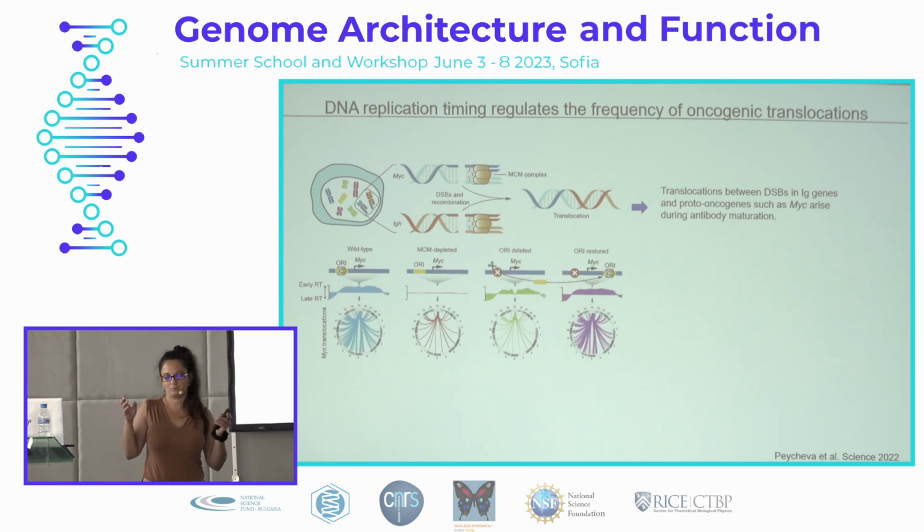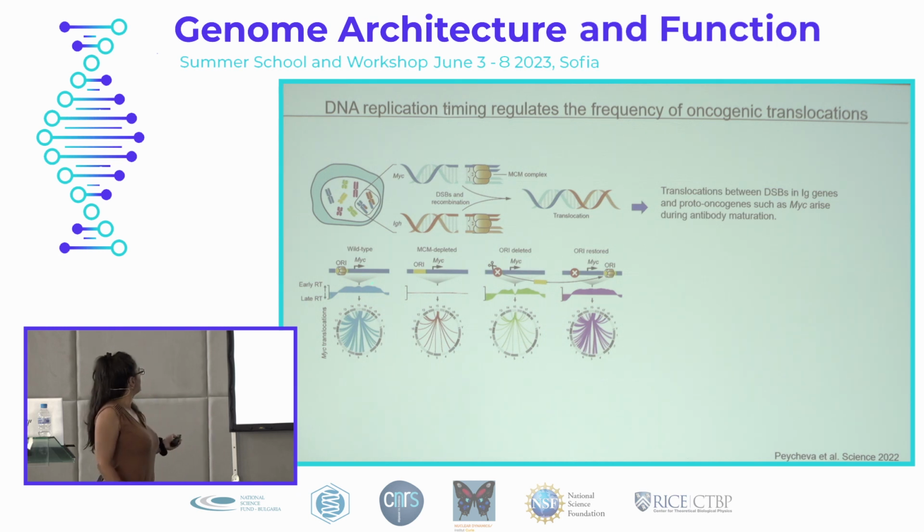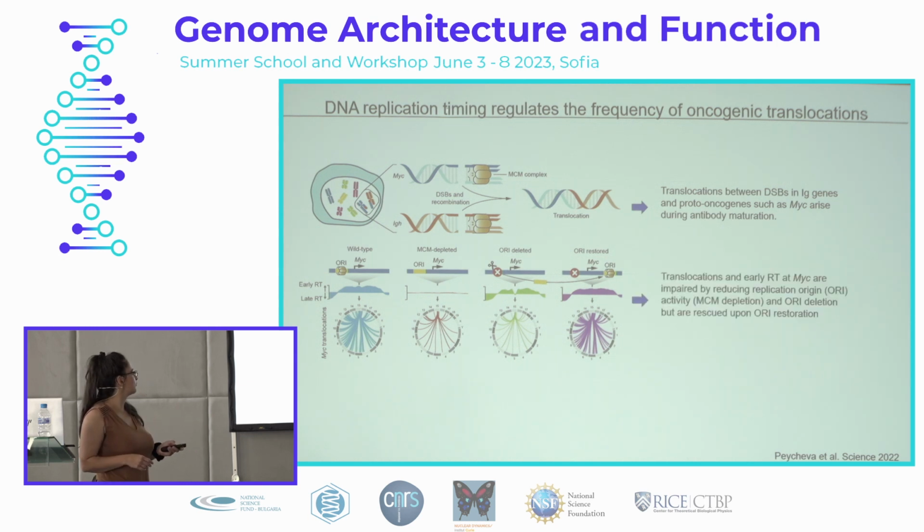So there we have origins of replication within the translocation partners, which modulate the time when the genes are replicated, and by depleting, so decreasing origin activity or deleting origins, we modulate the time when the genes are replicated, and this influences the translocation frequency.